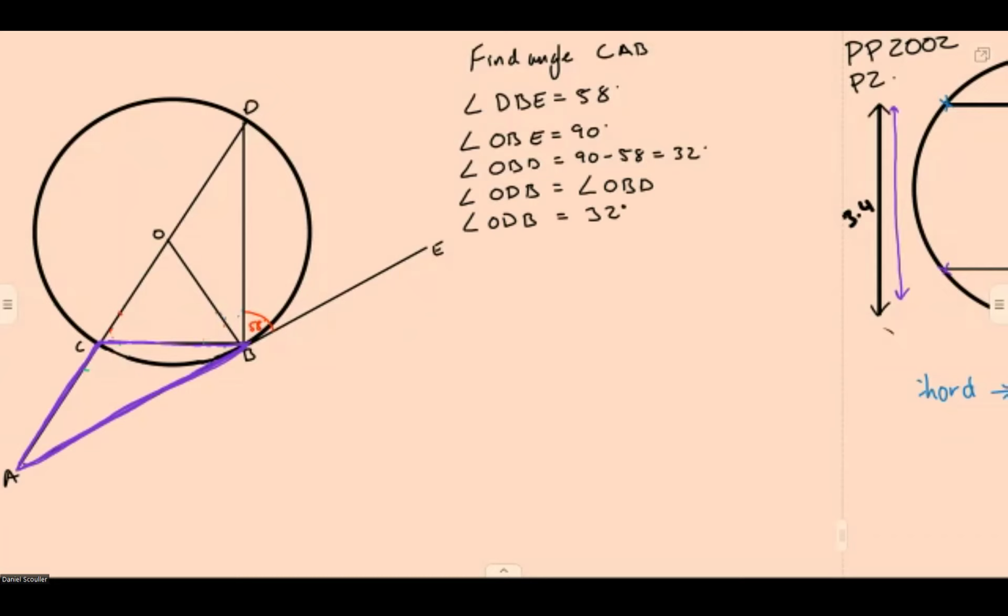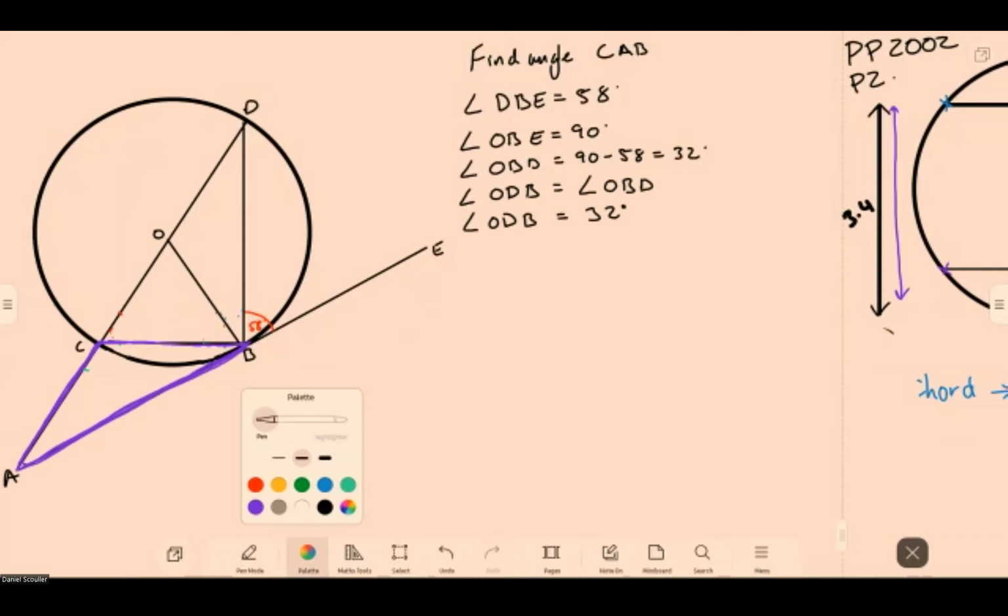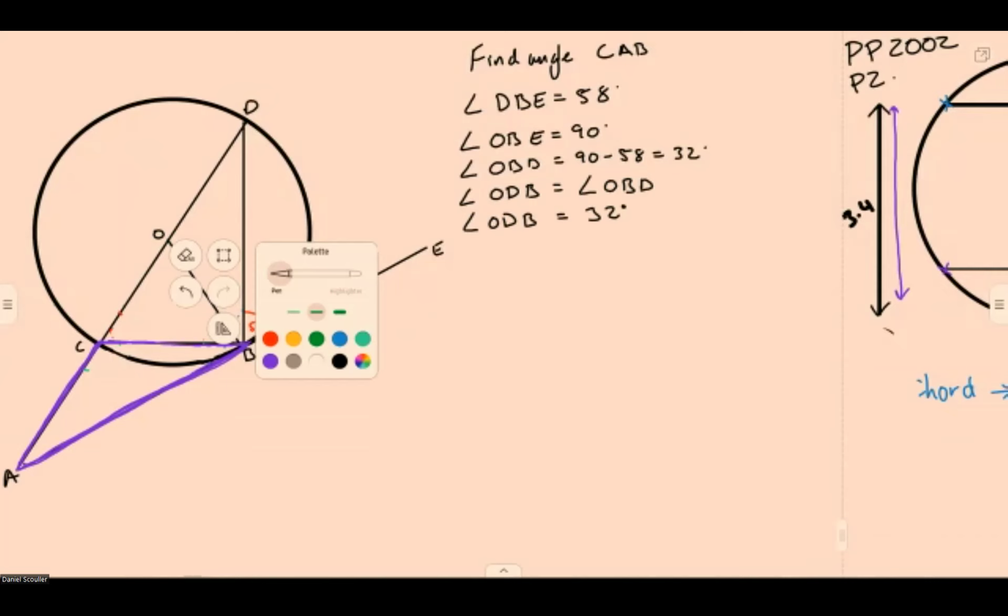Now, why is that? The triangle that has been formed is the lines O to D, which is a radius, and line O to B, which is also a radius, and they're touching two sides of a chord.